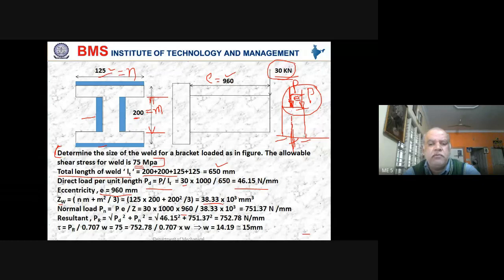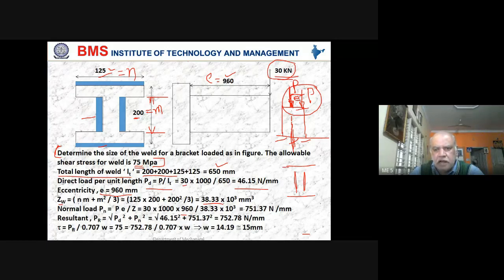Are you getting 15 mm? So what you need to do in table 6.1 is see one weld here, one line vertical and another line horizontal. You should look at the joint, which is shown like this.